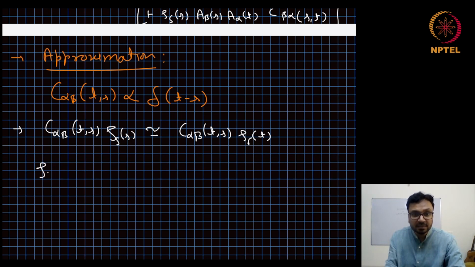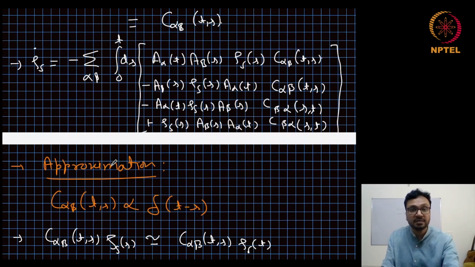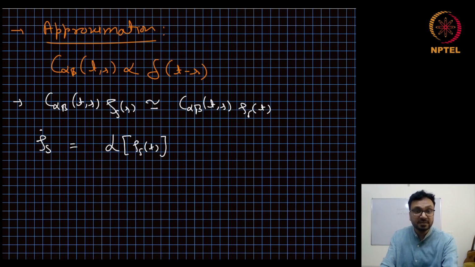Using this, we can write that the dynamical equation for our system state as some superoperator, some map acting on rho s of t. Unlike what we had so far, where the derivative of rho s at time t depends on rho s at some other time s, and that s can take any value from 0 to t, with this approximation that the Bath correlation dies very fast in time, we can make the dynamical equation local in time.